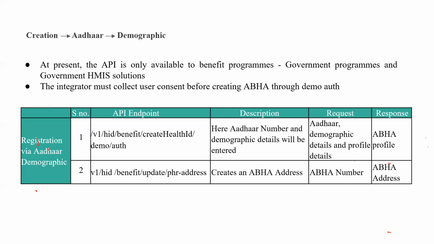Is the scope of this Abha address only for these benefit schemes, and the other Abha address would be used in, say, creation of health records and all? No, the scope is totally up to the user, up to the citizen. The citizen can choose which health records are linked to which Abha address.